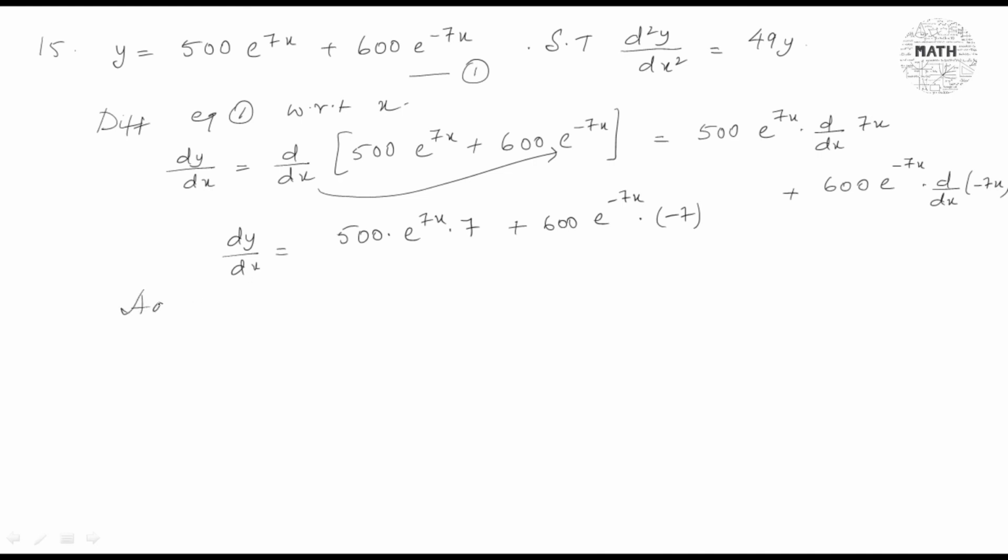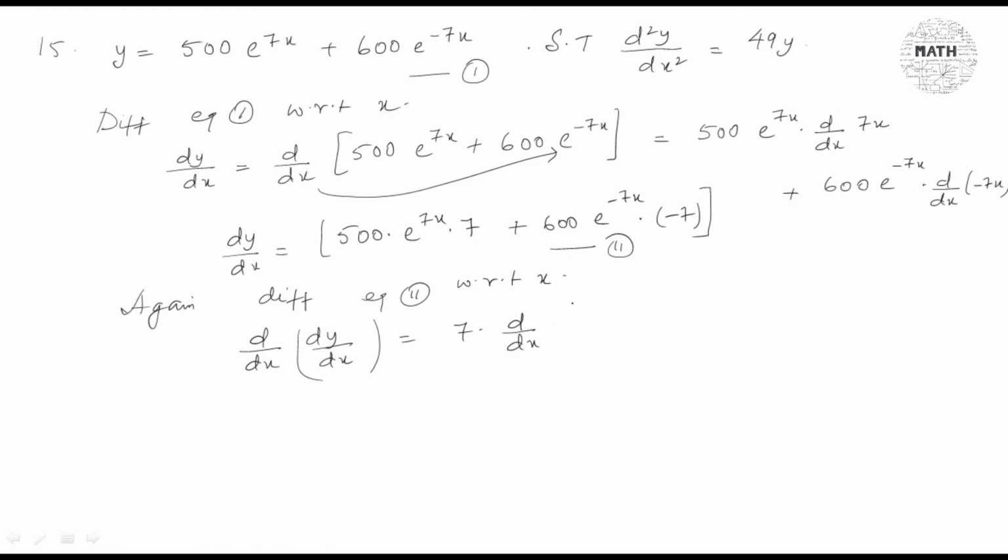So again, differentiating, let me call this equation number 2, with respect to x. If I do that, as you can see from here, I can take 7 common. So I'll just do that. So d by dx of dy by dx is equal to 7, and then d by dx of 500 e to the power 7x plus 600 e to the power minus 7x.